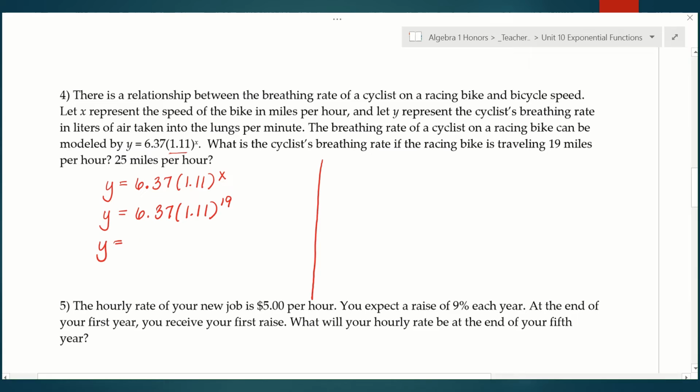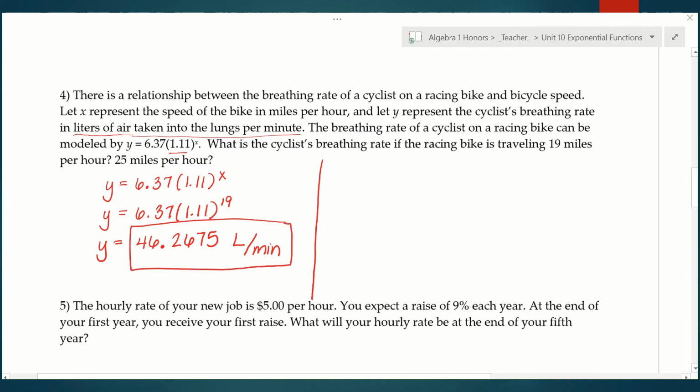All right, so that's going to give us 46.2675, and then we are talking about breathing rate in liters of air taken into the lungs per minute. So I'm going to say liters per minute.